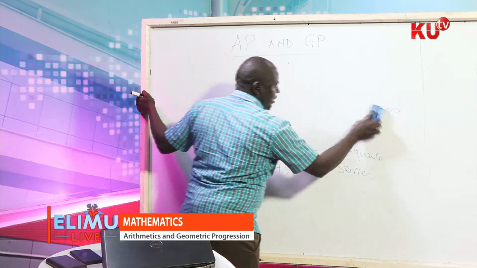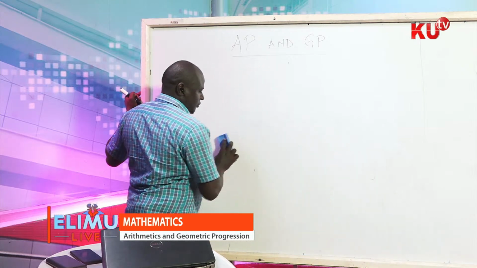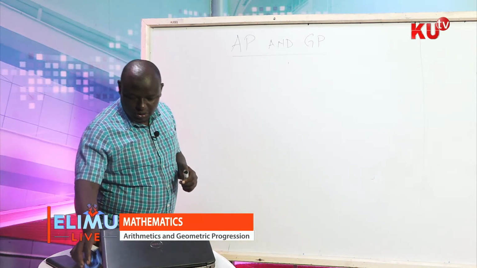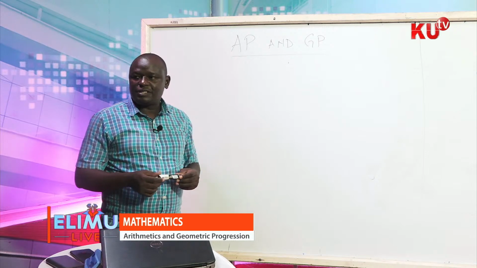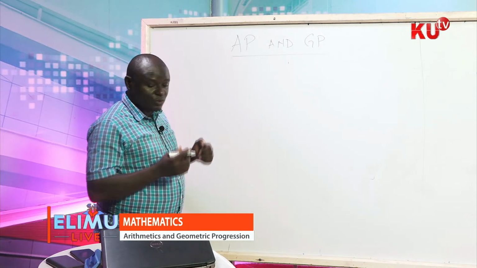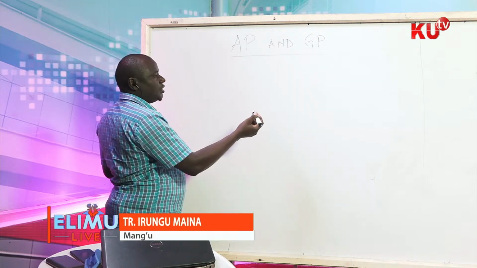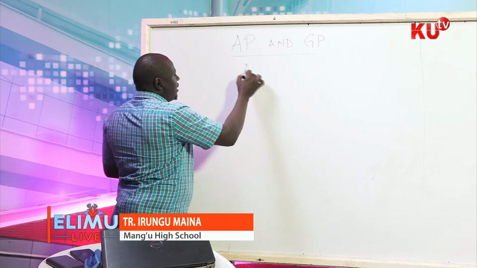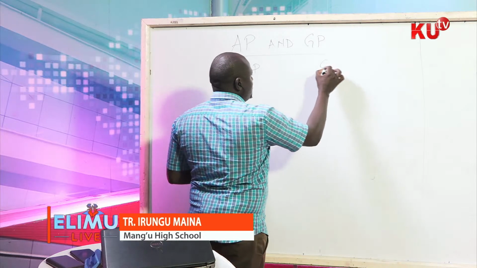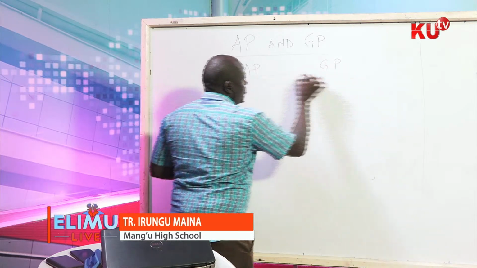When we bring out this difference, it will take us a long way to help us understand what we really want. If we have an AP this side in a table and GP this side, we move back to back.